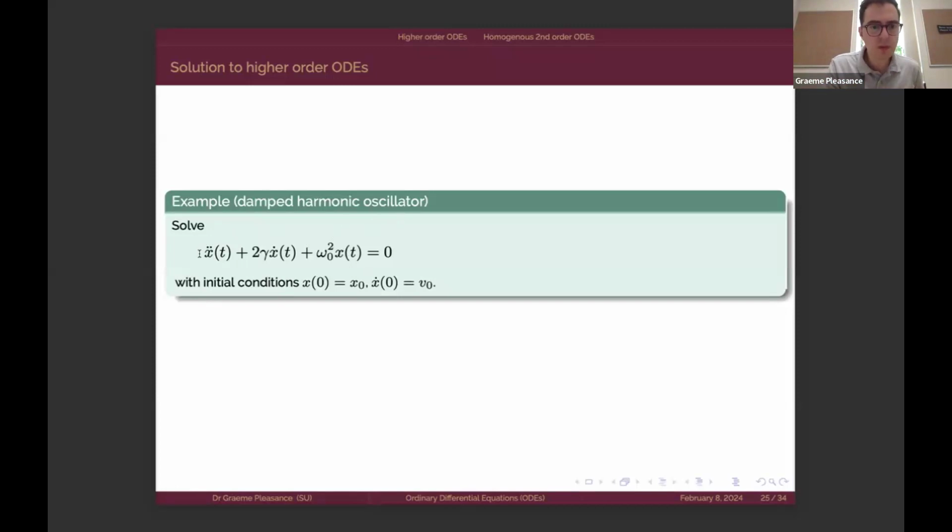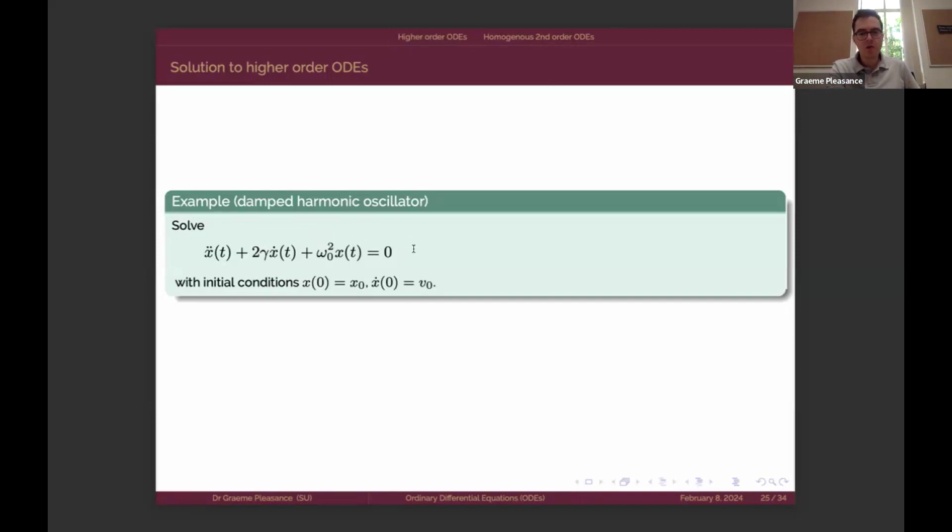Just to reiterate, x is the position of this oscillator about its equilibrium position. Here, gamma is a constant that describes the strength of the air resistance or friction. And this omega naught is what's called the natural frequency of the pendulum. I won't define in detail what this is, but it is just another constant.